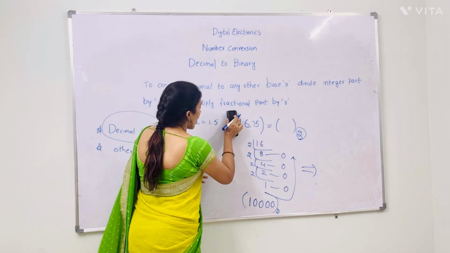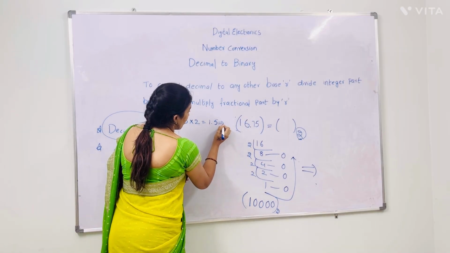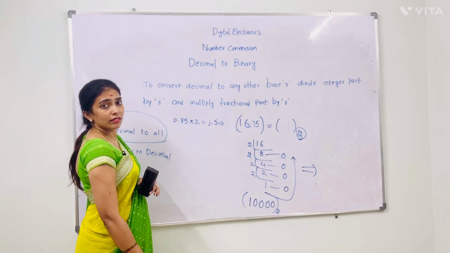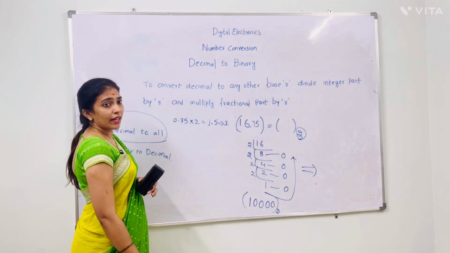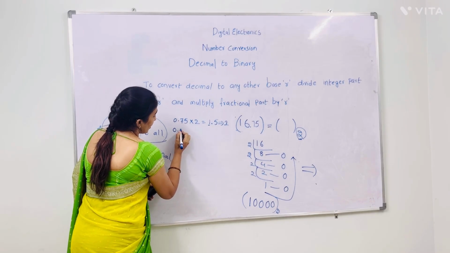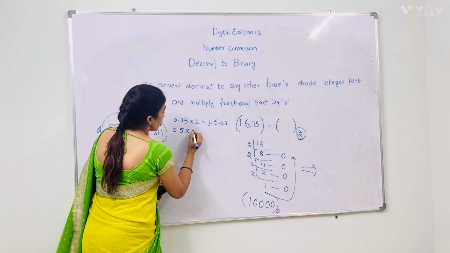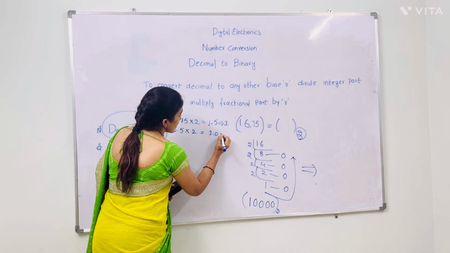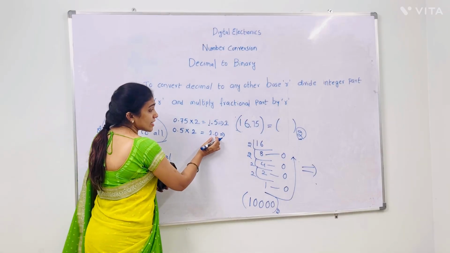How do you take the answer from 1.5? Before the decimal point, that is the answer: we get 1. Next, after the decimal point, the remaining term is 0.5. 0.5 into 2 gives 1.0.